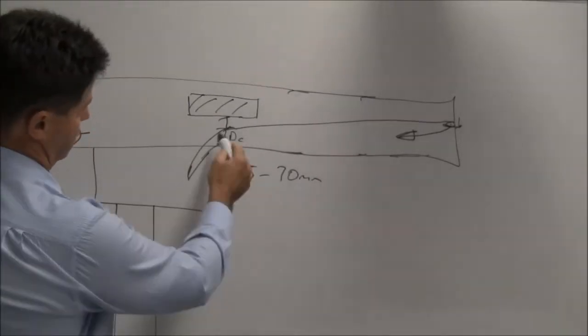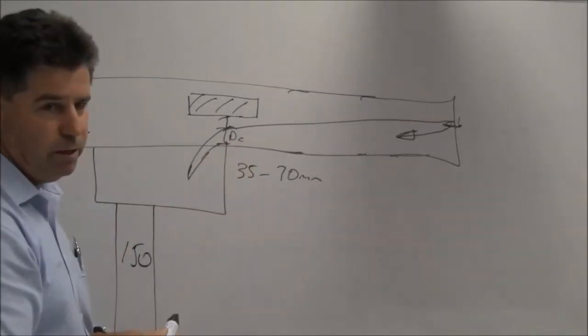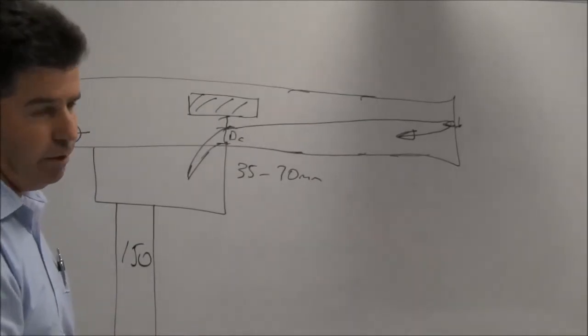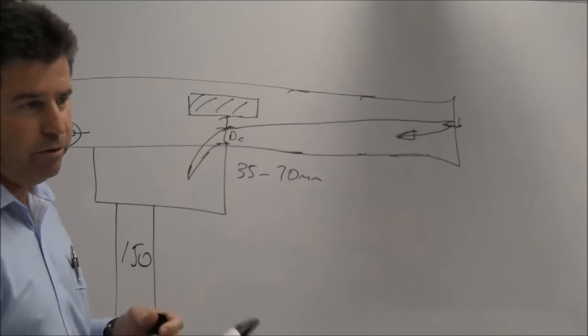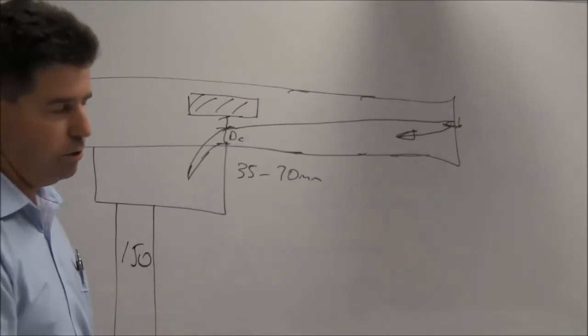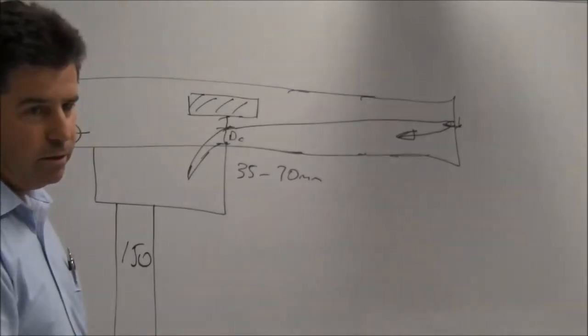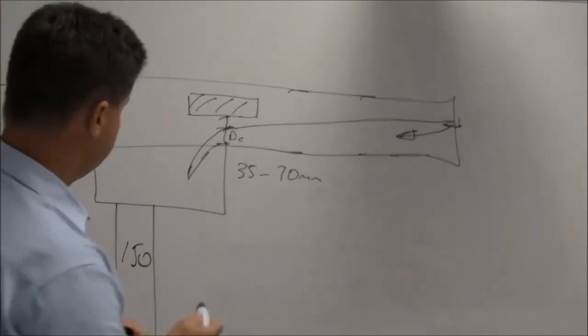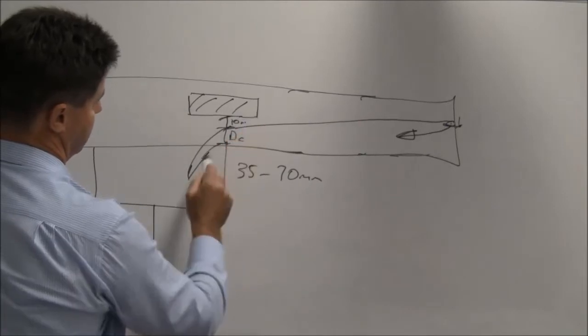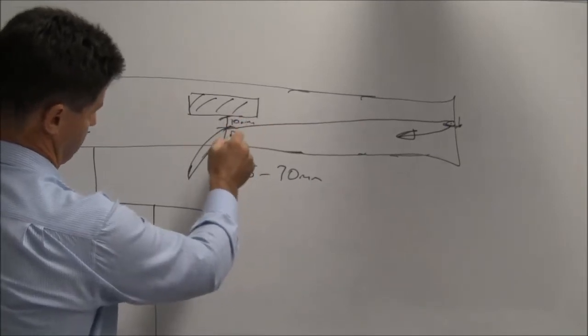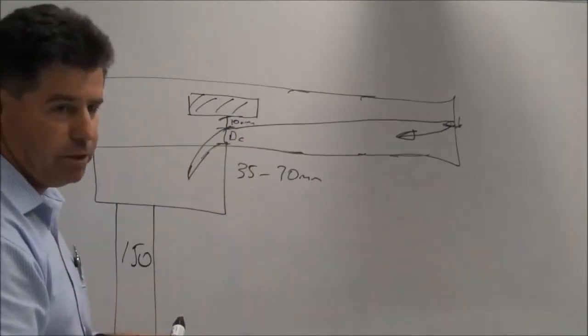So if this is going to be 35 mil while it's working, it's pretty pointless putting an overflow in at 30 or 35 mil as well. Because it'll start to overflow when really it's working and doing what it should be doing. Does that make sense? Yes. So the reason for the 10 mil is just to give it a little bit of freeboard to get it up above our normal working height if we're going to put the outlet in that position.